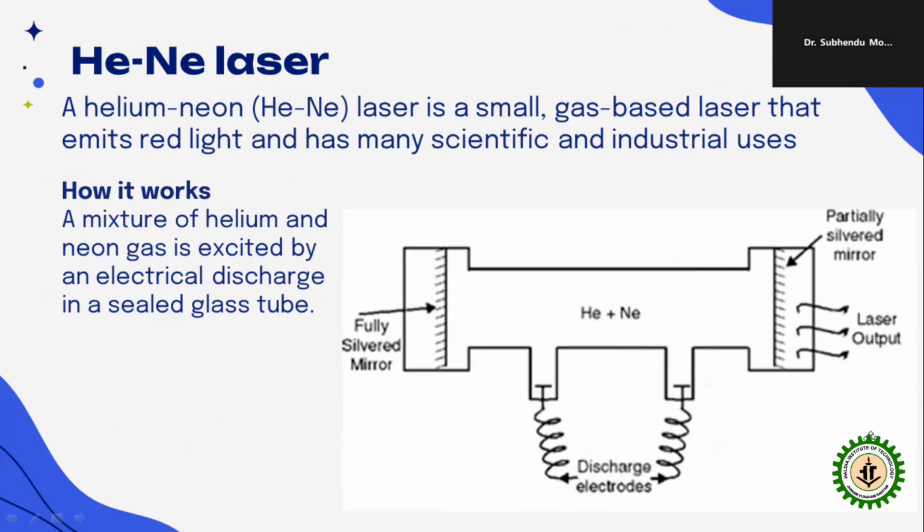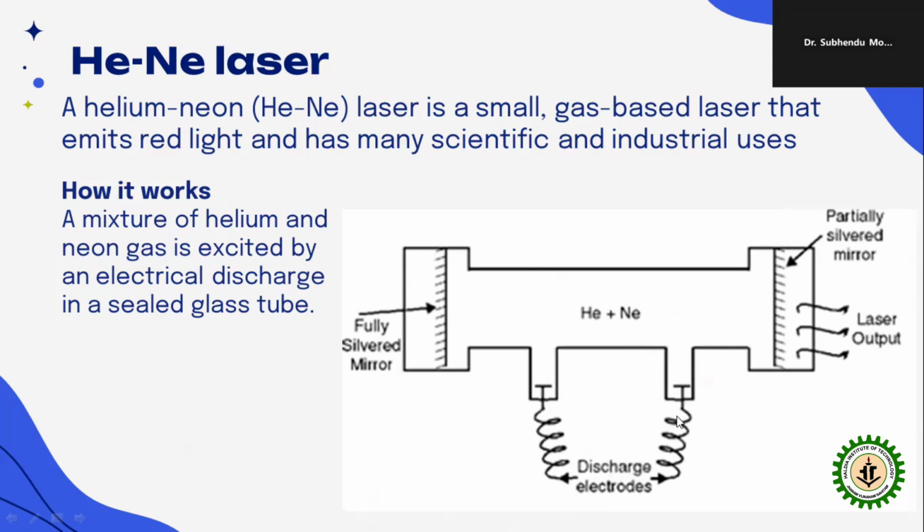For population inversion, electrical discharge is used, so electrical energy is provided. As the discharge is continuous, electrical energy is supplied continuously. That's why we get the laser light continuously. That's why it is called a continuous laser.